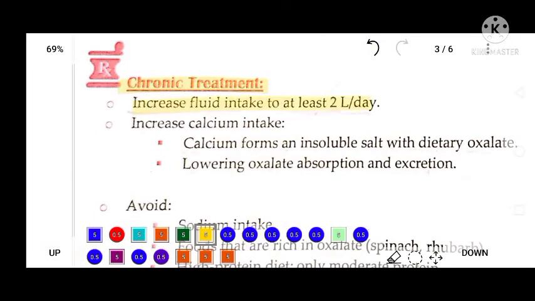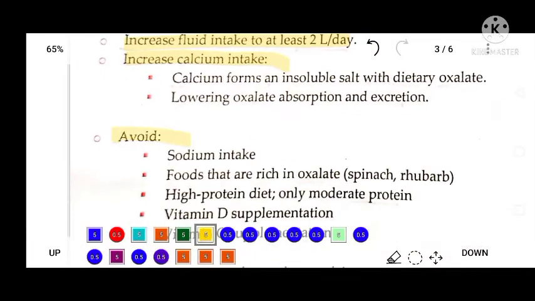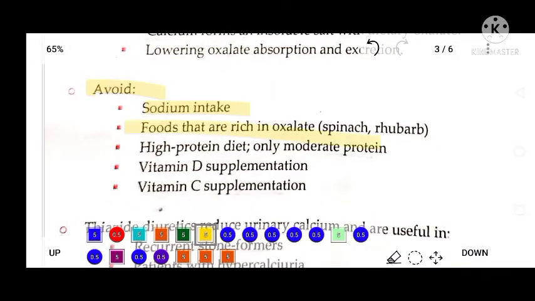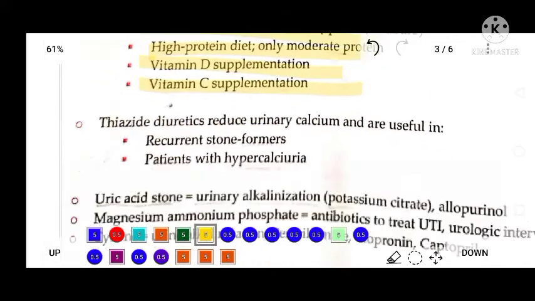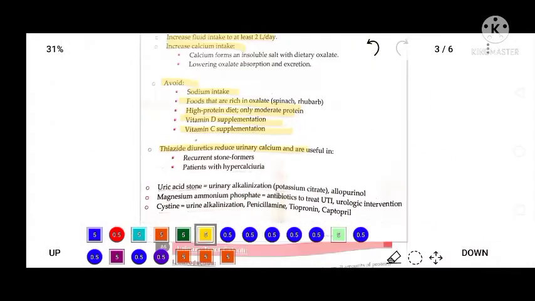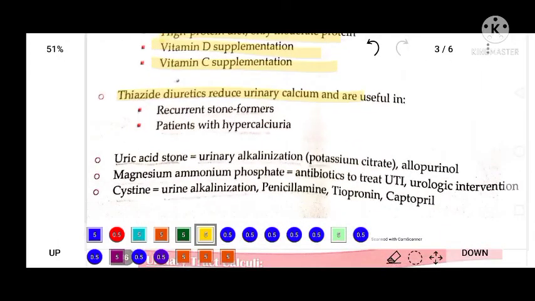Chronic treatment includes increased fluid intake, increased calcium intake, and avoiding sodium intake. Foods that are rich in oxalate, a high protein diet, and vitamin C and vitamin D supplements should be avoided. Then, thiazide diuretics reduce urinary calcium and are useful for recurrent stones and patients with hypercalciuria.